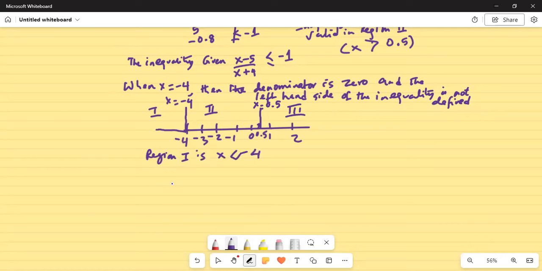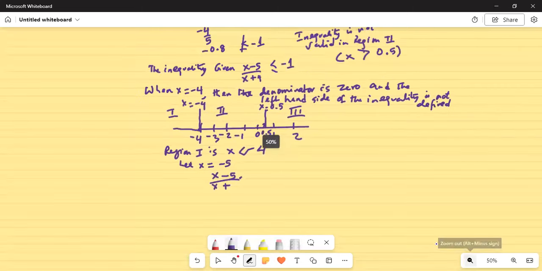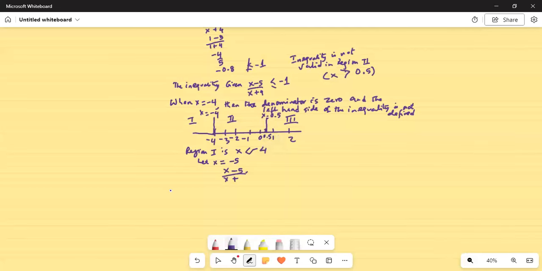Okay, so let x equal to -5. So we have the inequality x - 5 over x plus 4 less equal to -1.